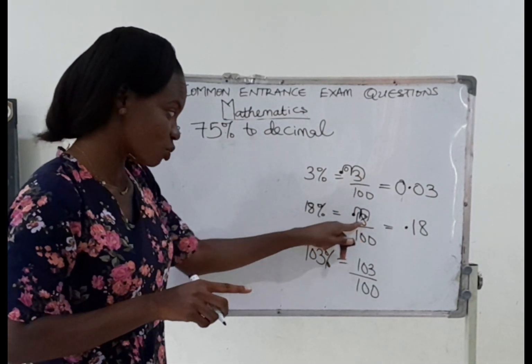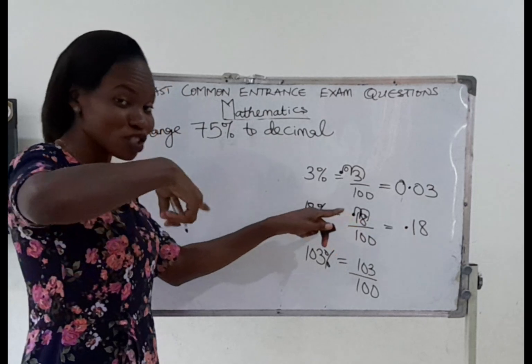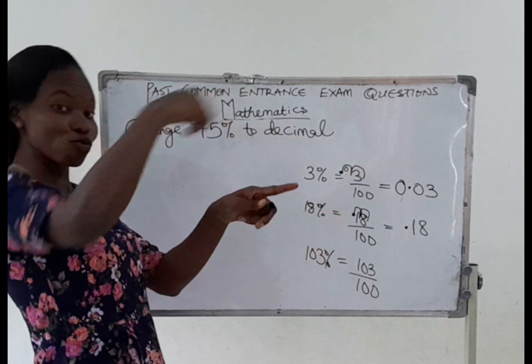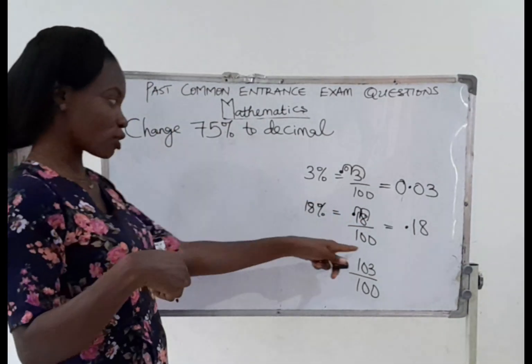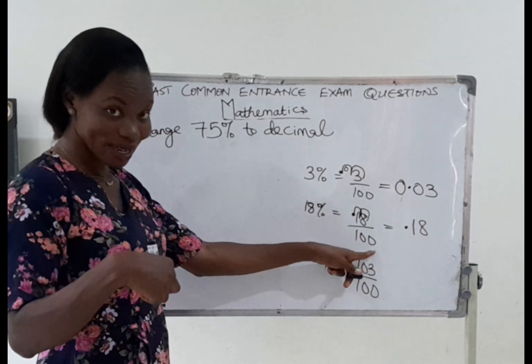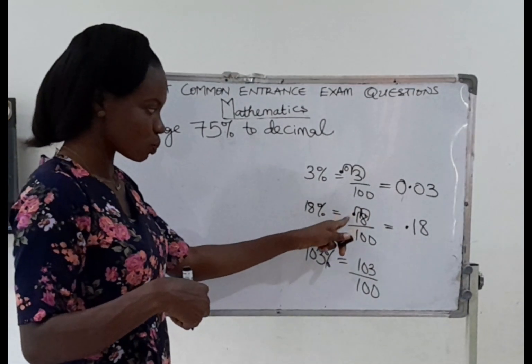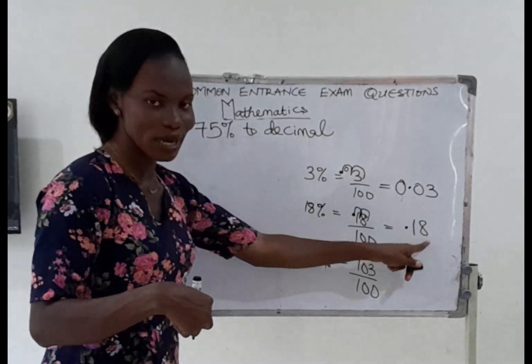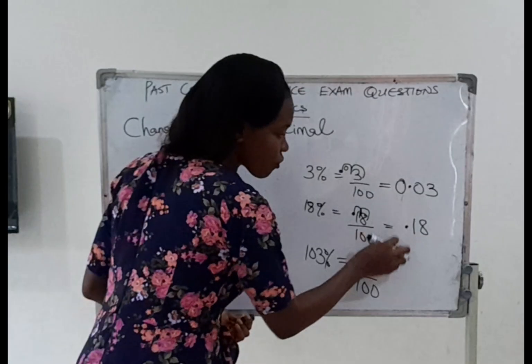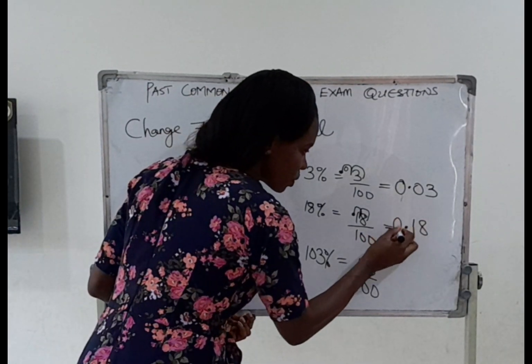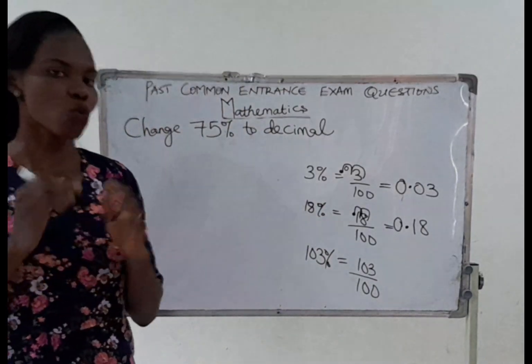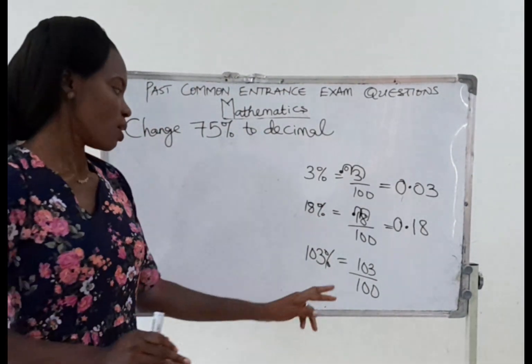But in this one, you see, we have 2 digits. Those 2 digits have already taken up the 2 movements backward we made because of the 2 zeros. So this is 1, 2, there is no place left to put anything. So I have 0.18. To make it look fine, I will put 0 here. So this is 0.18.